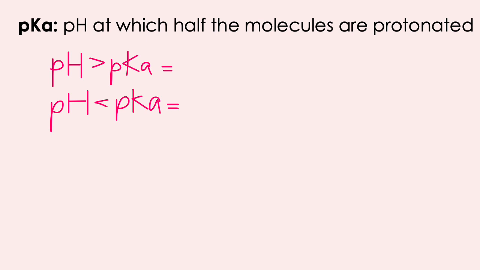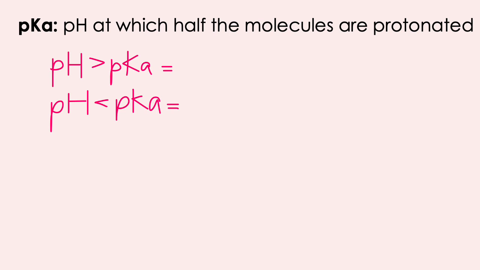And we just talked about the fact, this is how I like to remember it, when you're in a more basic environment, there's less hydrogen floating around. So you are more prone to being deprotonated yourself, right? In a more basic environment, a pH that's greater than your pKa, you are more likely to be deprotonated.